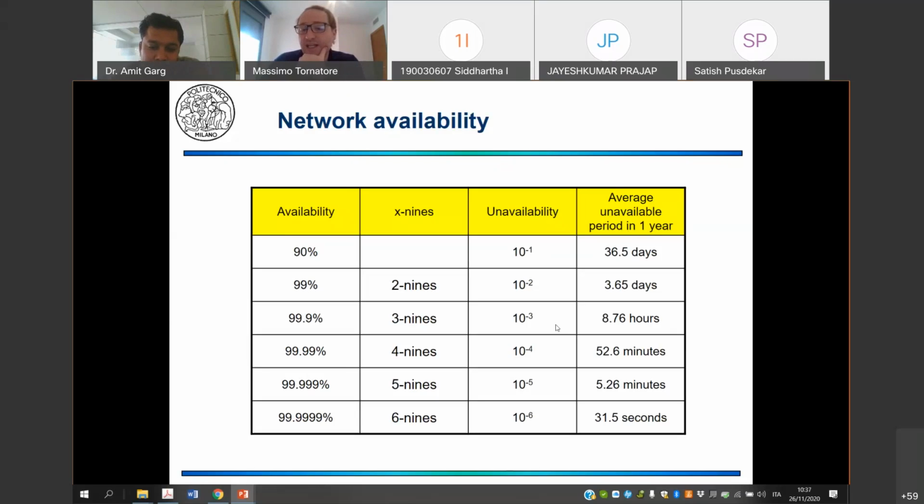So if I have 3 nines, it means that my customer will experience at most 9 hours, 4 nines, 50 minutes, 5 nines, and 5 nines is really what typically operators want, is 5 minutes per year of unavailability. And in order to have 5 minutes per year of unavailability, you really need strong protection techniques.